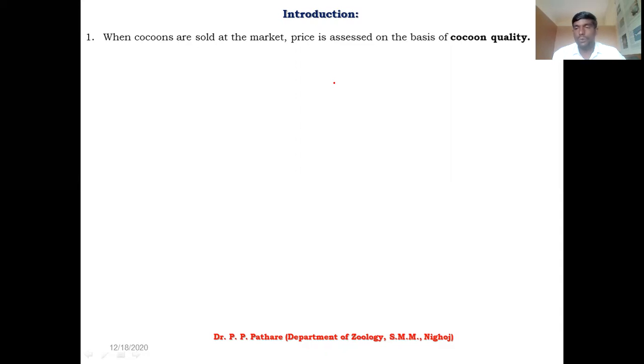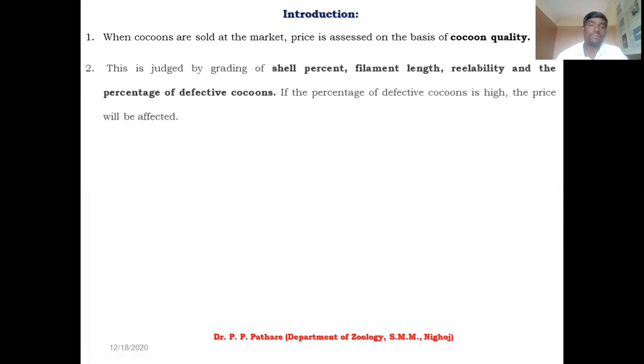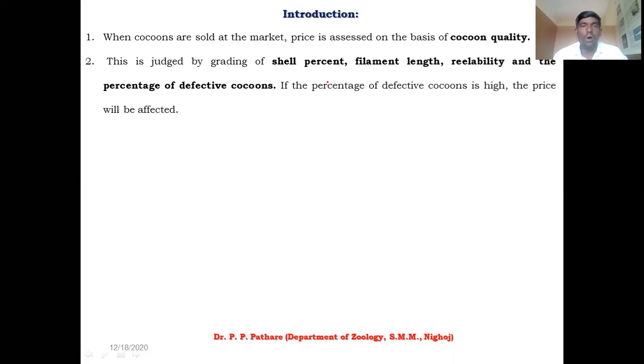But you know the price of cocoon mainly depends on quality, color, and some important characteristics of cocoon. So it is very necessary that you always try to give the best quality of cocoon in the market. And this quality is mainly judged or graded on the basis of some important characteristics.